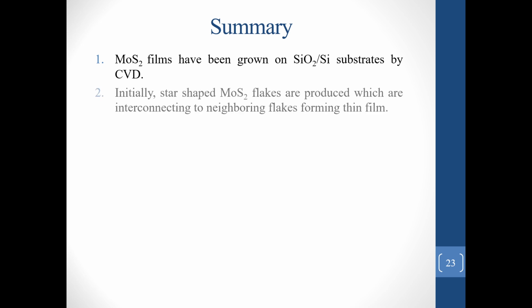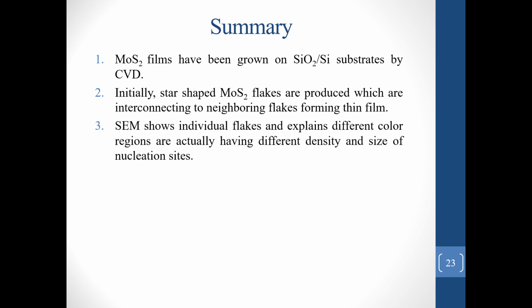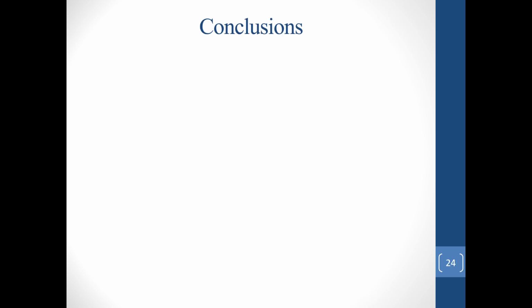Now move on towards the summary. MoS2 films have been grown on a silicon substrate by using this CVD technique. Initially, star-shaped MoS2 flakes are produced, which interconnect with neighboring flakes, forming a thin film. SEM shows individual flakes and explains that different color regions actually have different density and size of the nucleation sites.